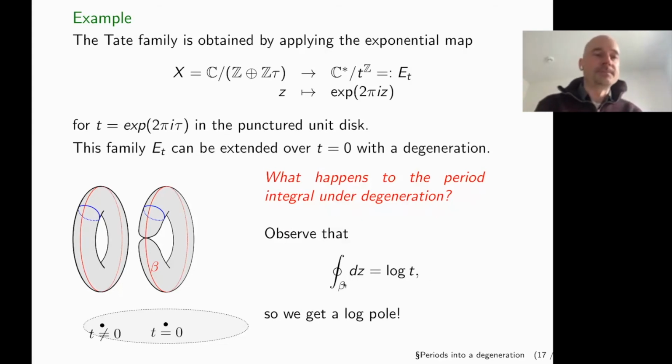But the period integral is the logarithm of T. When T goes to 0, you can't evaluate that, right? Because the logarithm has a pole at 0. But that's just what it is. So we learn that it's always, actually, well, most of the time the case, that when we move a period into a degeneration, it requires these log poles. You see it perfectly here.